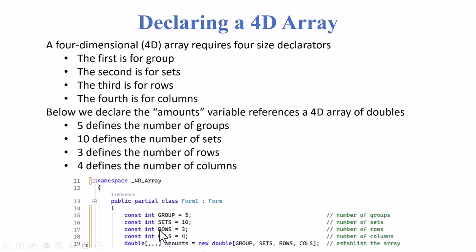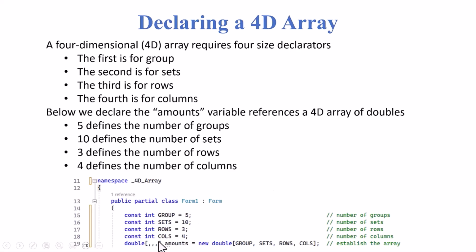And we're using constants in here again, but I'm setting my group up here as 5. I might want to use the word companies here instead of group for the application you were seeing a few minutes ago. We're using sets equal to 10. We could use years for that. Rows and columns, we can use just like this. We could make columns quarters if you wanted to. We wouldn't have to use the word column, but this is fine.